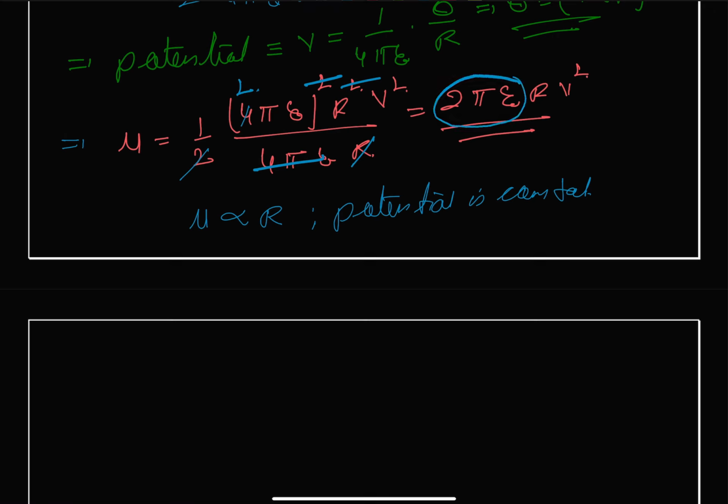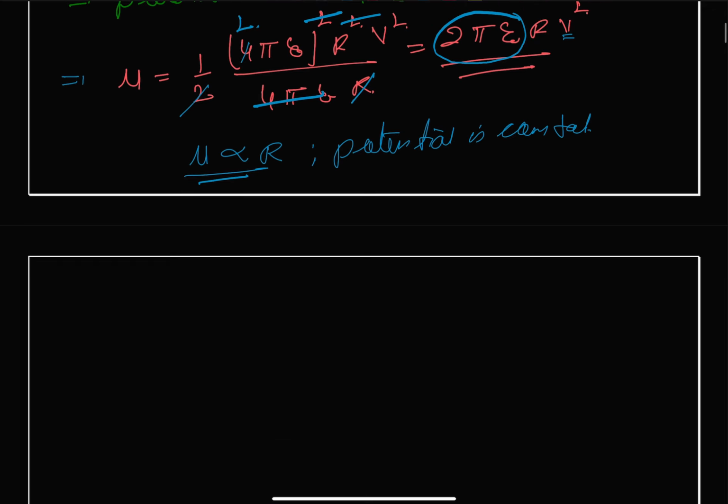So our energy will be proportional to R, given that the voltage, that is the potential V, is constant. Also, as the drops combine, the charge is added, the radius is also going to change, and accordingly the potential is also going to change. So we have to remember that.